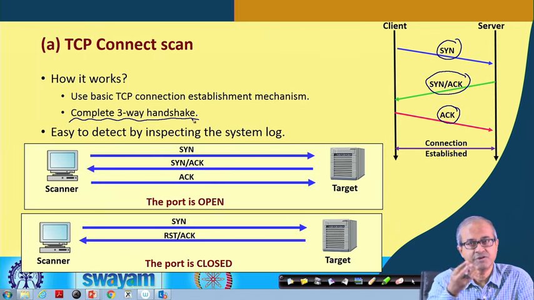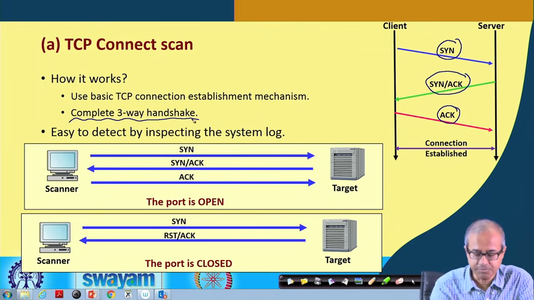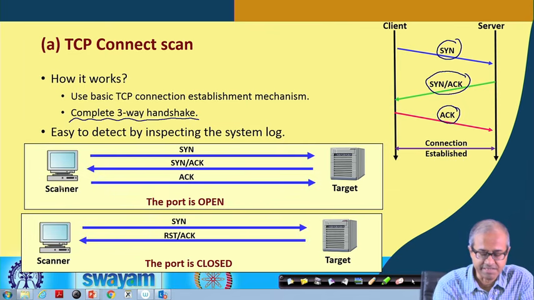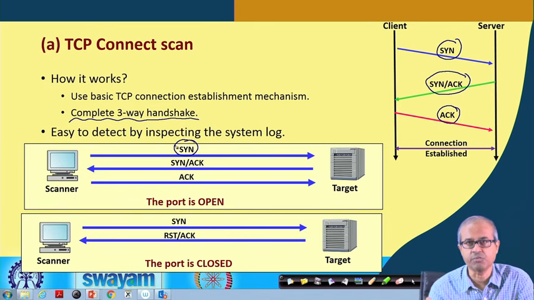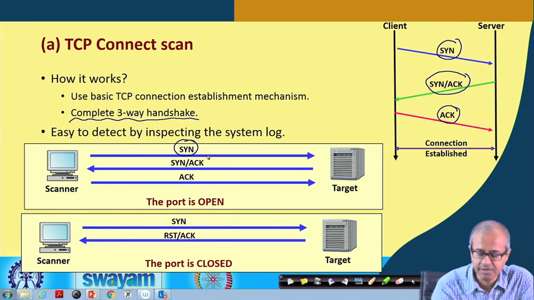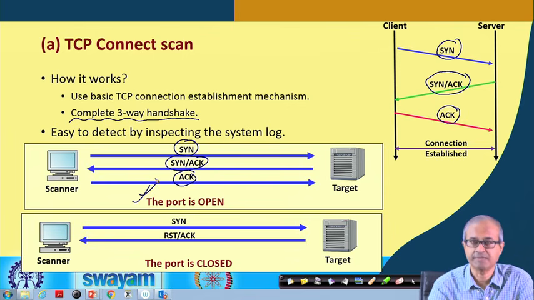There is a server which is presently listening on that port number. Okay. So, pictorially I am trying to show here that the scanner is first sending a SYN packet on a particular port number. If the service is running on that particular port, the target will send back a SYN ACK, and the scanner will finally send back an ACK. So, you conclude that the port is open.